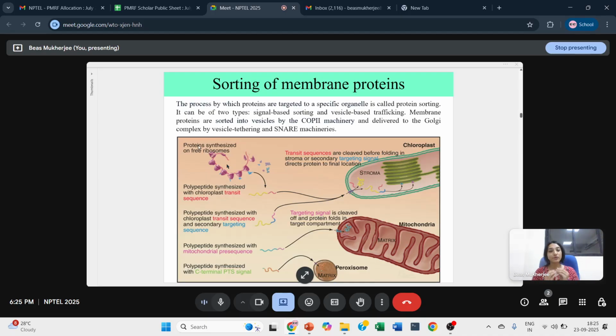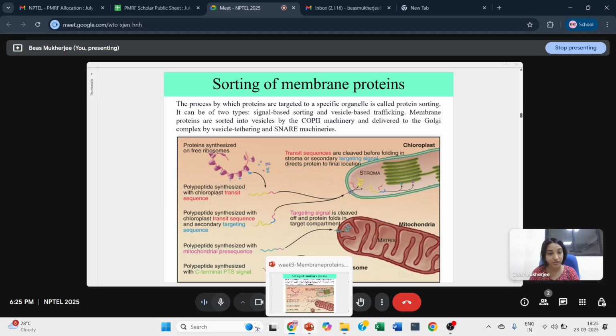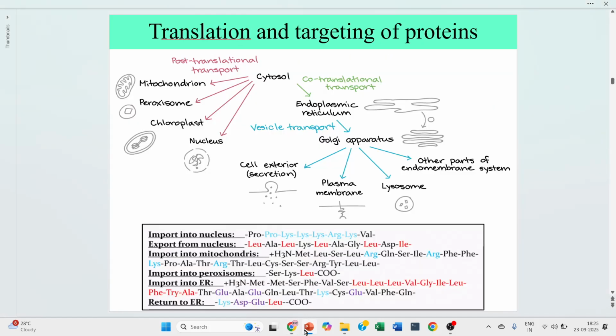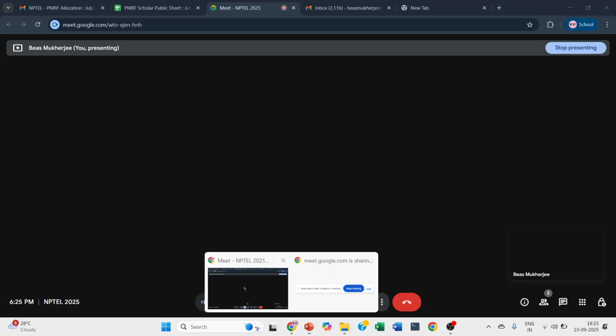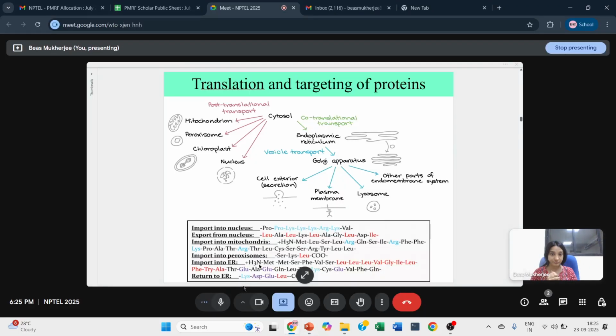Now another thing is for the proteins that are produced on the ribosome attached to the ER membrane, we look at that. Okay, so first we will talk about this a little bit. So see, there can be post-translational transport and there can be co-translational transport. So what are these two things? So what is post-translational transport?